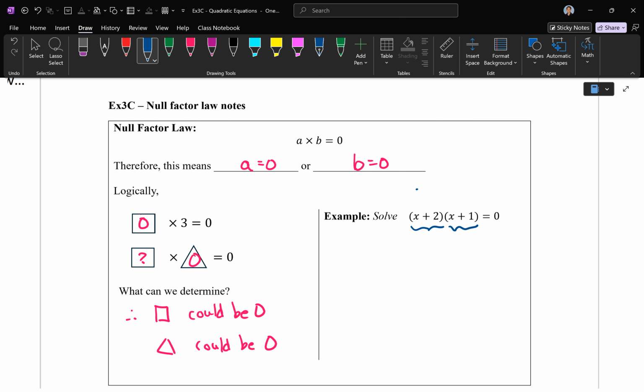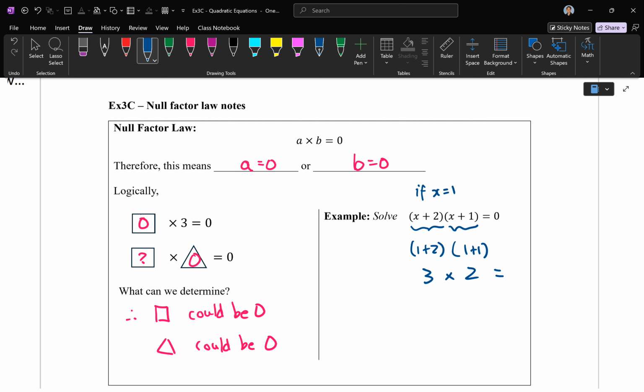Hypothetically, if x was equal to 1, then in this bracket this would be 1 plus 2, and this would be 1 plus 1. That would give you 3 times 2, an answer clearly not 0. So even though it doesn't look like two numbers multiplied to each other, it actually is.